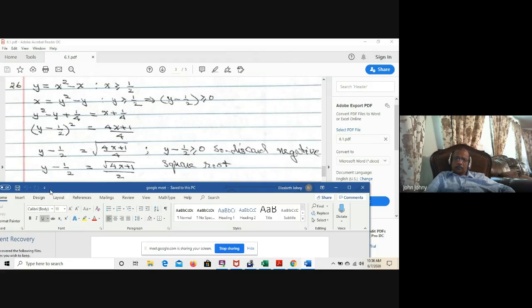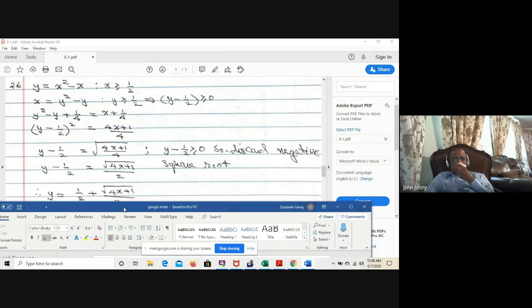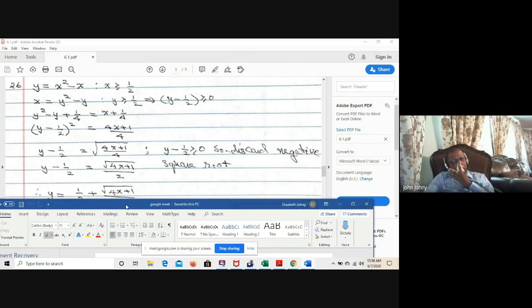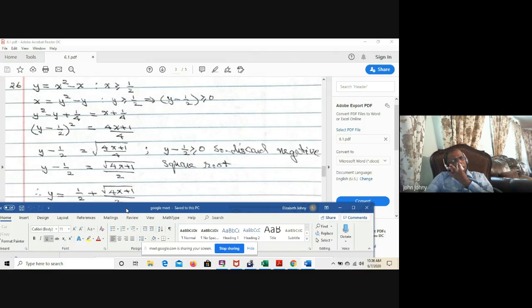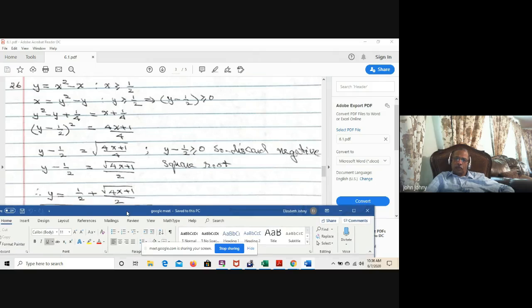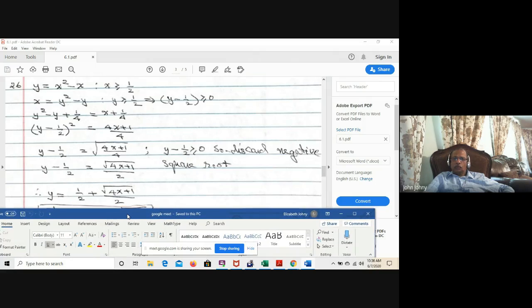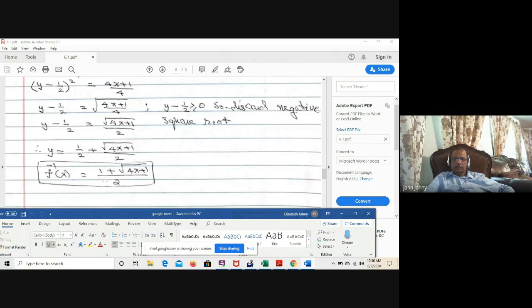So y minus 1 half is the square root of 4x plus 1 divided by 2, because the square root of 4 is 2. And now you add 1 half to both sides. y is equal to 1 half plus the square root of (4x plus 1) divided by 2, and that is f inverse of x is equal to (1 plus the square root of 4x plus 1) divided by 2.